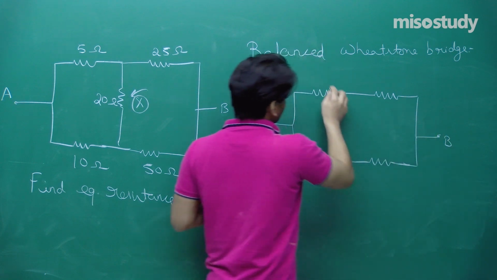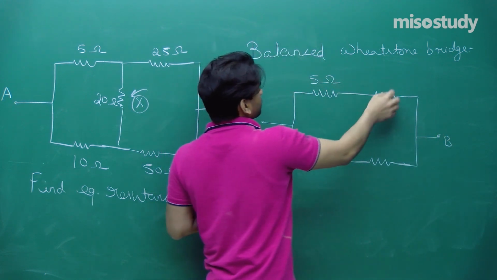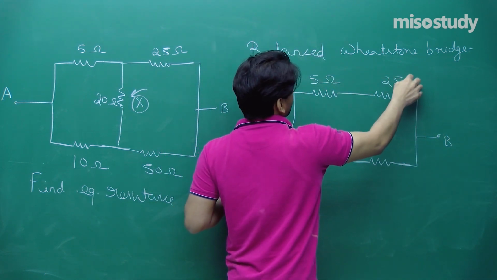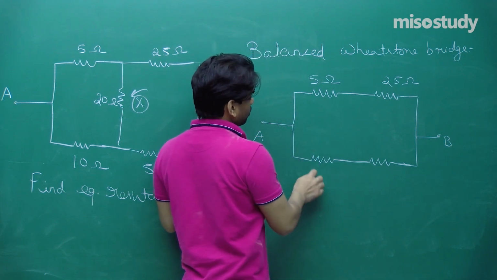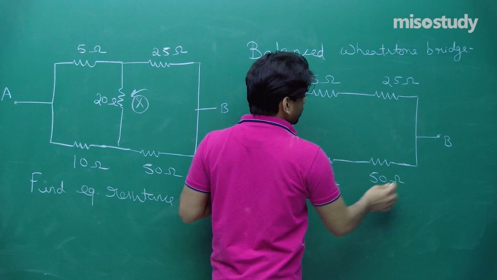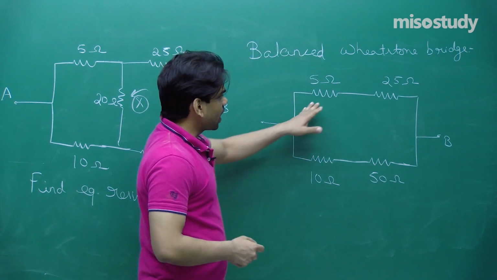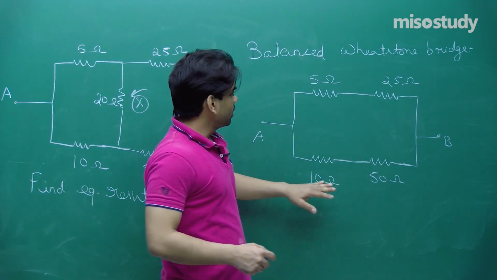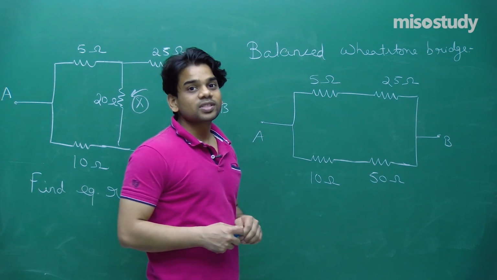So 5 ohm, here we had 25 ohm, and here we had 10 ohm, and this is 50 ohm. Simple circuit: 5 and 25 will give you 30 ohm, 10 plus 50 will give you 60 ohm.